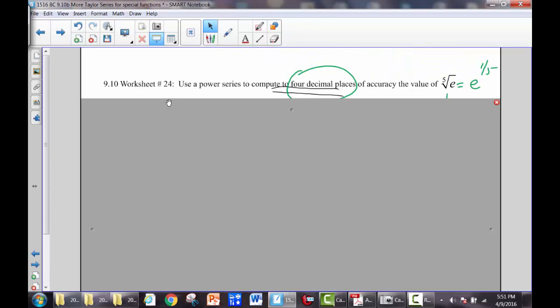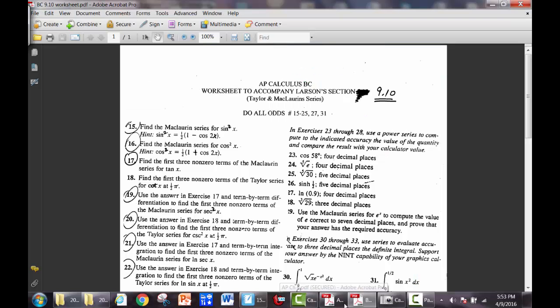Okay, the worksheet. Let me pause and pull up. So here's the 9.10 worksheet, which will be posted in my Buckley. This is not from a Larson textbook actually, it's from an old edition of a textbook.